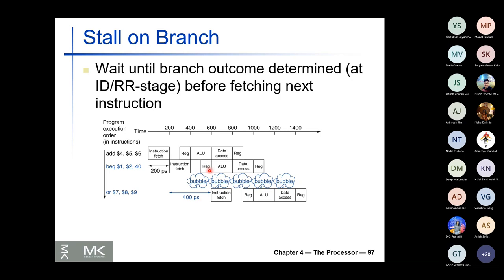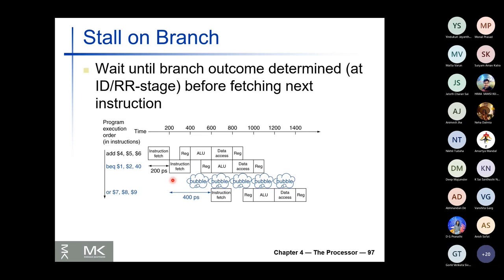And therefore, at the end of this IDRR stage, that means here, you know the outcome of this branch, whether the branch is taken or not taken, because the hardware has already been moved. And depending on that, if a stall is given, then we can certainly bring the next instruction, whether it would be the subsequent instruction or the target instruction. Okay, so that's why it is 400 picosecond.